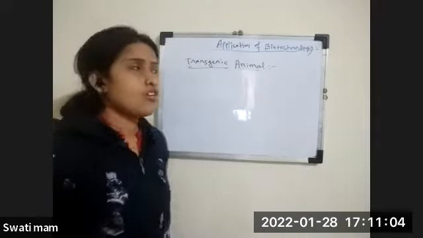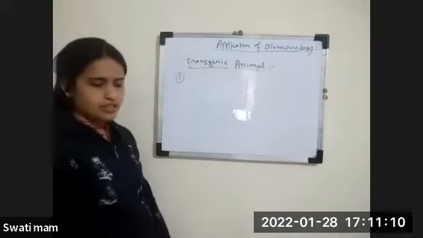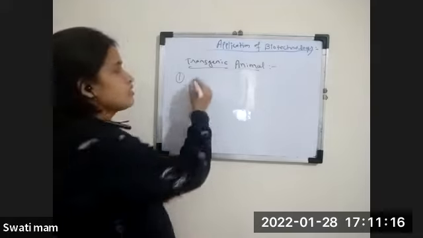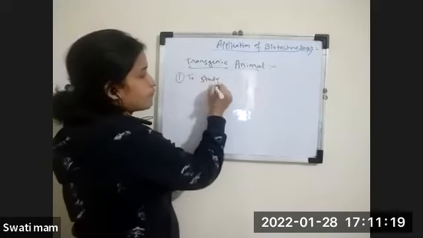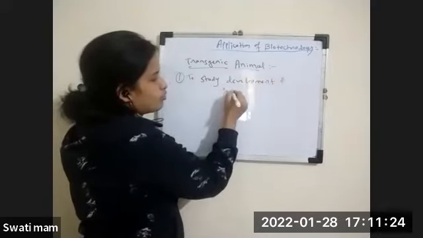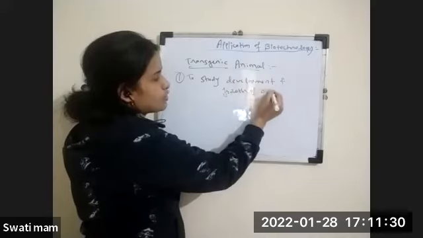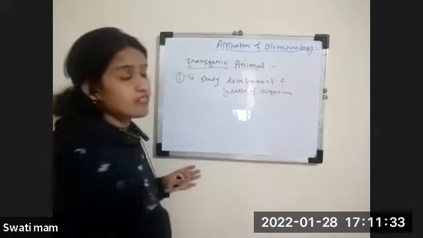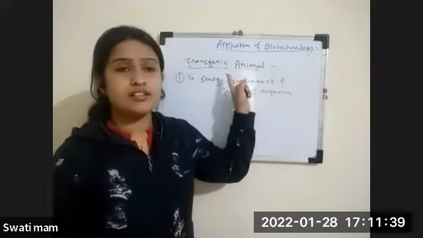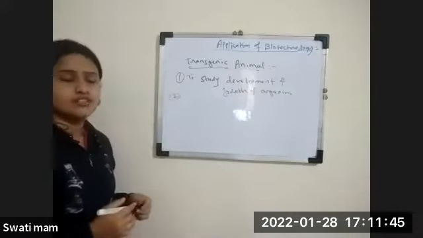The first purpose of the use of transgenic animals is to study normal physiology as well as the development and growth of the organism. Whatever organisms there are, to study the development of the organism, we are creating these transgenic animals. Then what is the second purpose of the use of transgenic animals?